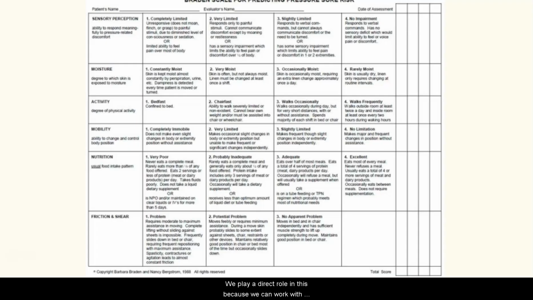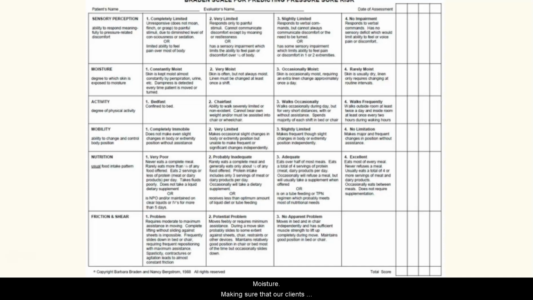We play a direct role in this because we can work with somebody who has sensory perception deficits. So if they are unable to feel or have some sort of sensory impairment, we can make modifications and adaptations. If they're unable to respond to directions or communicate in terms of them needing to be rolled or turned, or if they're having pain or if they're having sensory impairments, we can work directly with that.